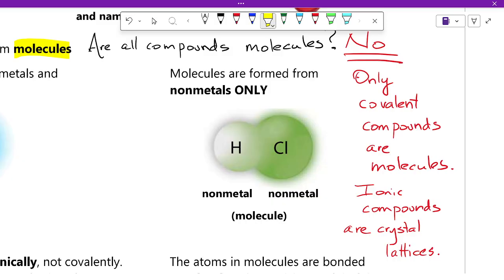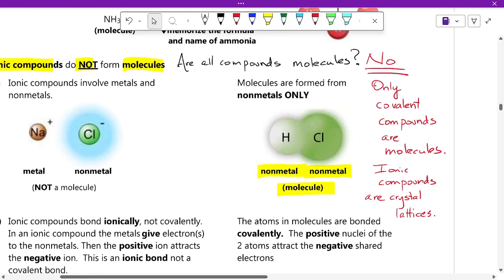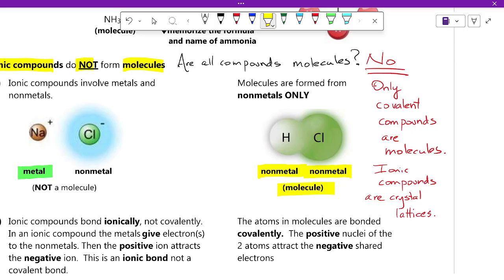So if you have a nonmetal and a nonmetal, you get a molecule. But if you have a metal and a nonmetal, it's not a molecule.